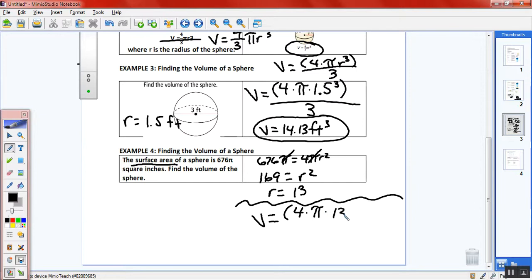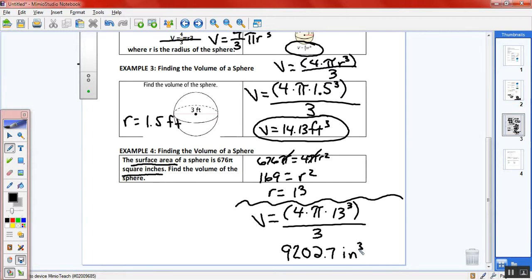Yeah. 13 to the, all over, 9,202.7. And it's a volume. We were in square inches for surface area, so this would be 9,202 cubic inches.